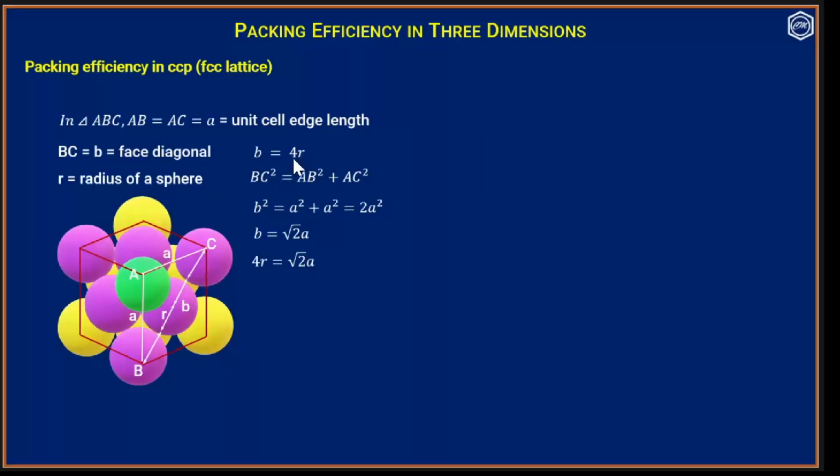Now b is equal to 4r, or 4r is equal to root 2 a, or r is equal to root 2 a by 4, or a by 2 root 2. So in a face-centered cubic lattice or in a CCP structure, the relation between the radius of the sphere and the edge length of the unit cell is r equals a by 2 root 2, or a is equal to 2 root 2 r.